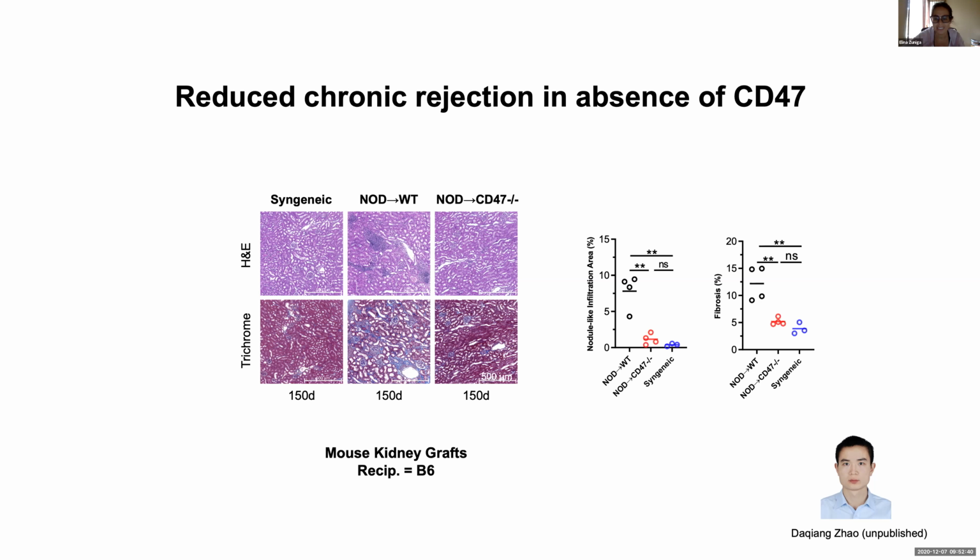Perfect. Thank you. So a question about the balance of the SIRP alpha signal and the CD47 signal. What are the signaling pathways for those molecules? Yes, that's also an excellent question, one that we have not really investigated further. For the longest time, CD47 was viewed as a receptor that would be providing a signal to SIRP alpha, and not a receptor that would do active signaling itself.